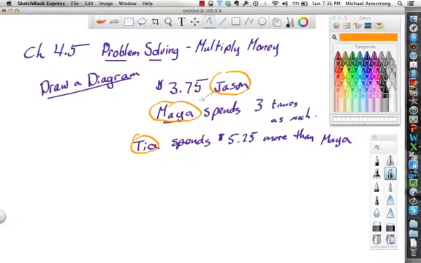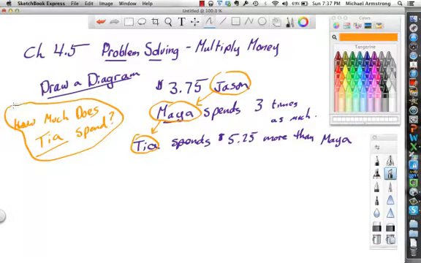So we're going to go from Jason to Maya, from Maya to Tia, to answer the question, which is how much does Tia spend? All right, so this is our overall question. That's what we're trying to figure out here.